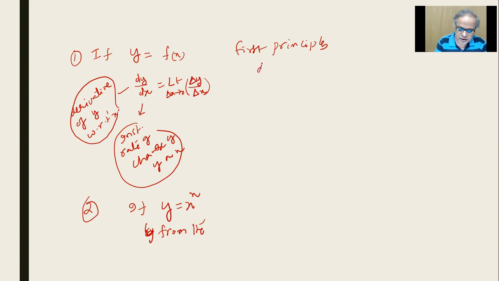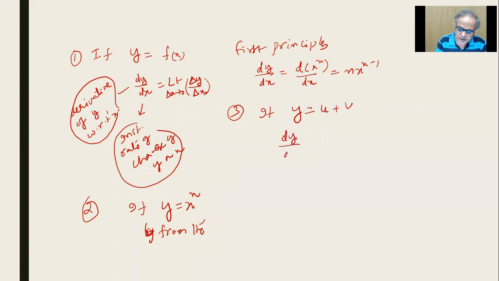We showed that d of y by dx, which you may also write as d of x to the power n by dx, is n into x to the power n minus 1. This is the second point, right? The third one was this: if y equals u plus v, both being functions of x, then dy by dx is du by dx plus dv by dx. This is what we did.